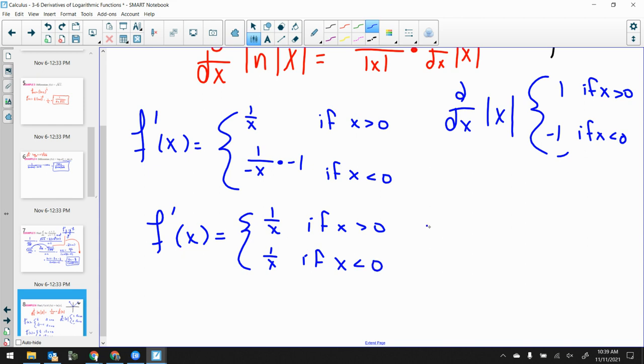Well, that means f prime total is just 1 over x, provided x is non-zero. As long as x is non-zero, then this actually just evaluates all the way down to just 1 over x. And the reason is because it's absolute value. It's because it's two different things. It depends on whether x is greater than 0 or whether x is less than 0.